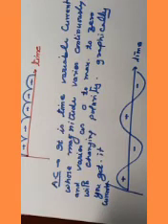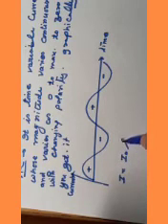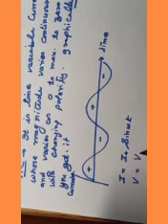The simplest alternating current can be expressed as I equal to I naught sine omega t. Alternating voltage is represented as V equal to V naught sine omega t, where I naught and V naught are called the peak value of current and voltage.